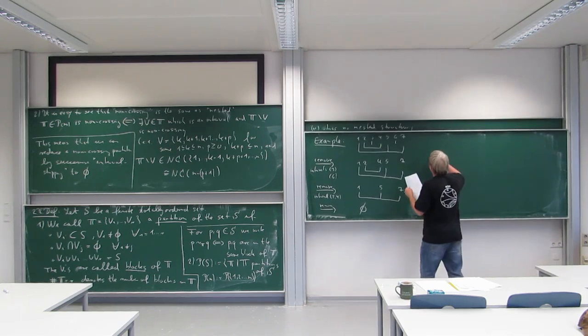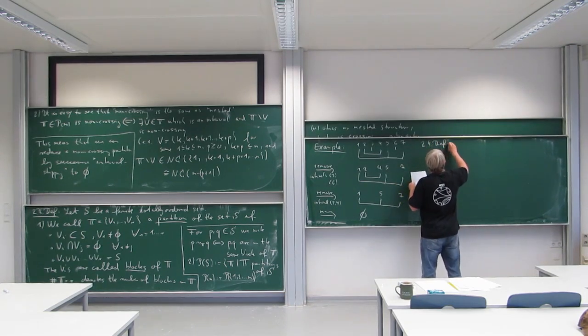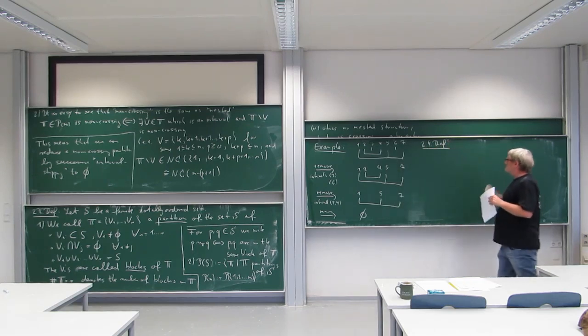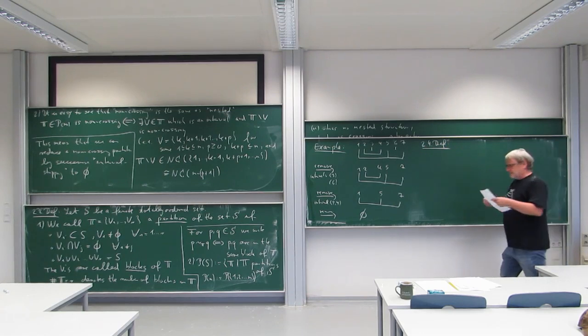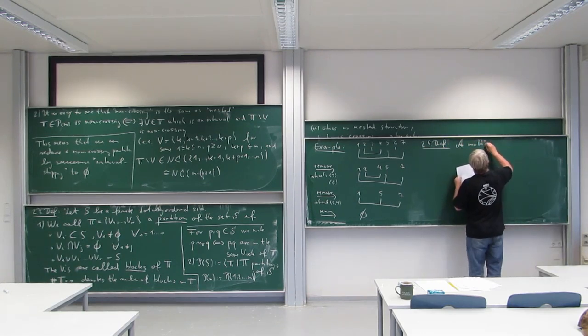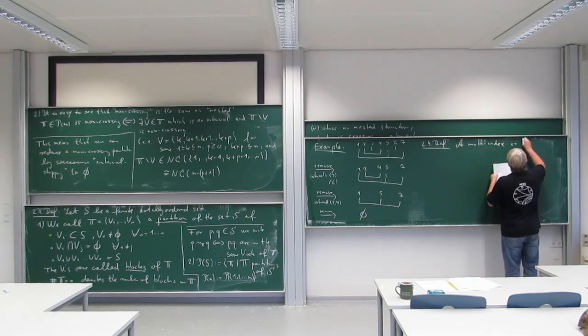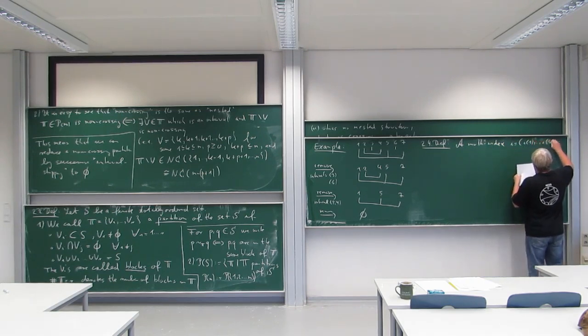So actually, this is the next definition. The partitions which come up in our context are usually partitions coming from index tuples. So let's say I have a multi-index, I = (i1, ..., ik).